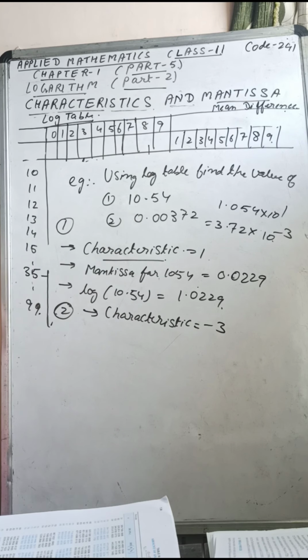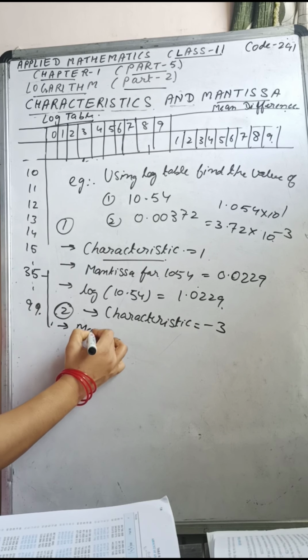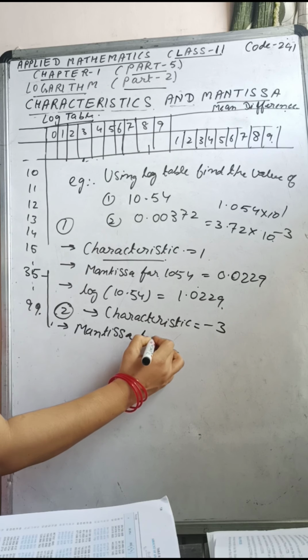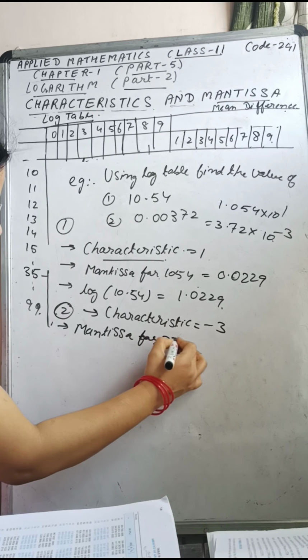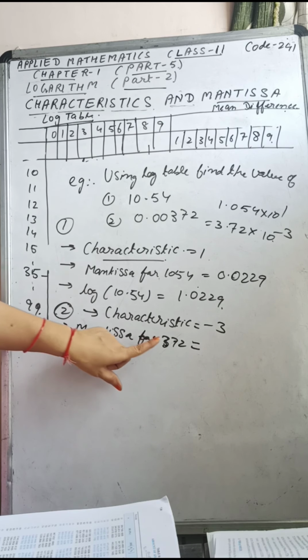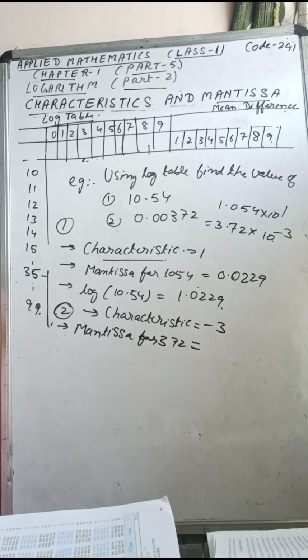So the characteristic of 0.00372 is minus 3. Now for the mantissa of 372, we see along the row 37 and under the column 2.